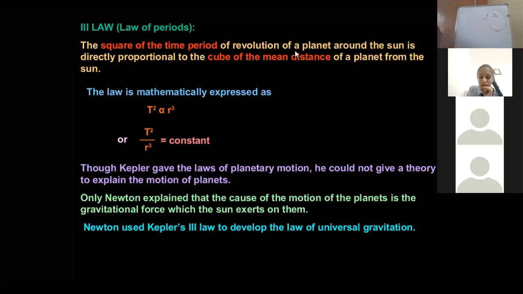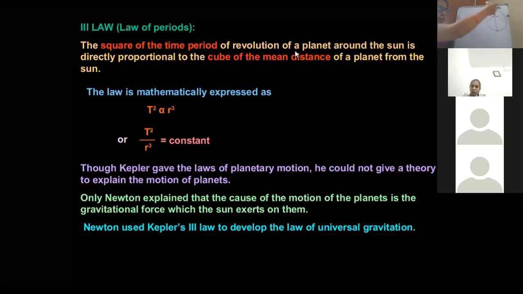the sun. Okay, so Kepler said that this time period is the time taken by the planet to move around the sun, and the distance between the sun and the planet is not the same. It's different everywhere.